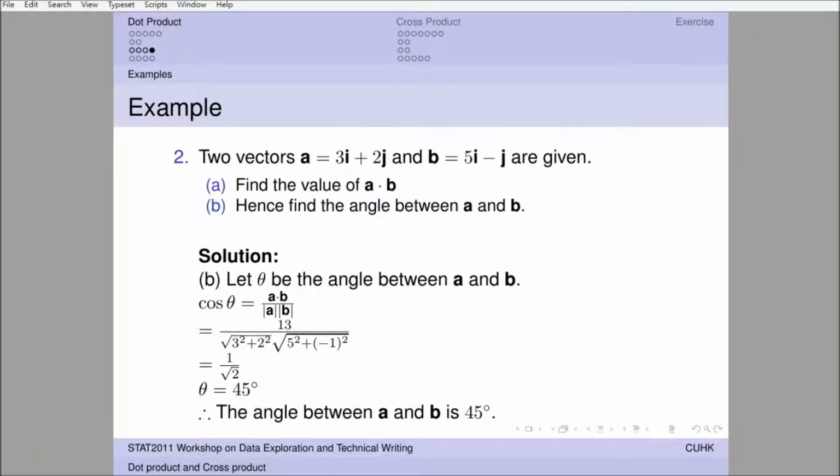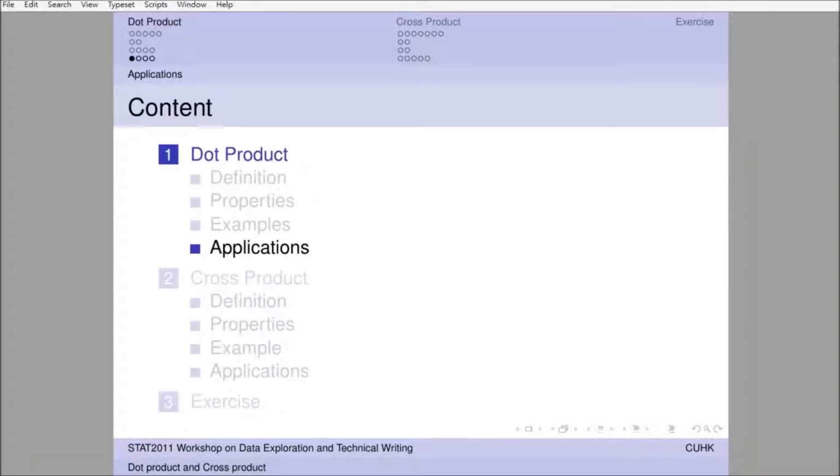Part B. Hence, find the angle between A and B. First, let theta be the angle required. Then, by change of subject, cosine theta equals vector A dot vector B over the length of A times the length of B. After calculation, cosine theta equals 1 over square root 2, and theta equals 45 degrees.